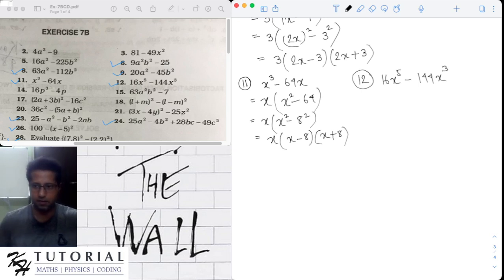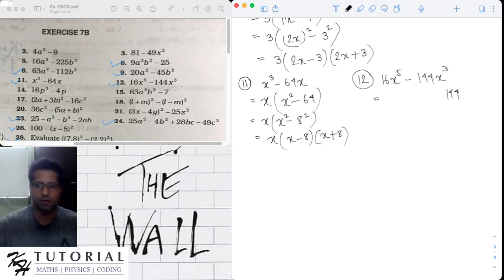We can see it is the difference of two terms, and neither of the terms are in the form of squares, because we have x to the power 5 and x cube. Now I can clearly see that I can take out x cube as a common factor from the variable part, and also let's see what common factor we can take out from the coefficients. Now 16, and 144.